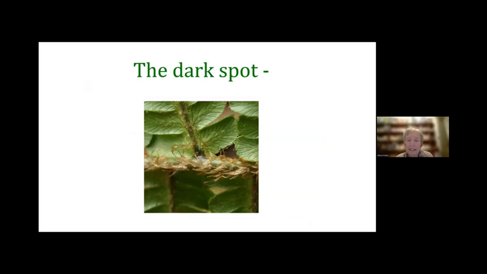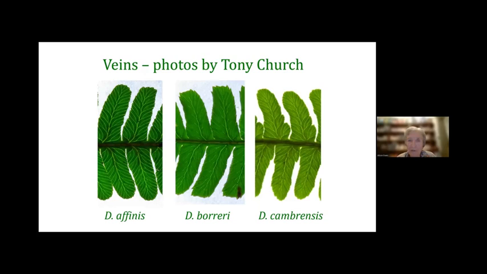And the way that you can tell them from other male ferns is that where the midrib of the pinna joins the rachis, there's a dark spot. That's not absolute, but it's a very good rule of thumb. It usually works. So that's scaly male ferns.